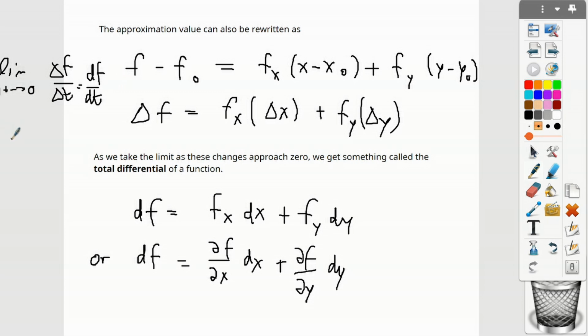But in this case, we don't have delta t approaching 0, so what we just say is, what is the limit as delta f approaches 0 of delta f? We get df. This is very, very abusive. The answer would actually be 0, but df is such a small change in f that it might as well be 0. So this is called the total differential of the equation.